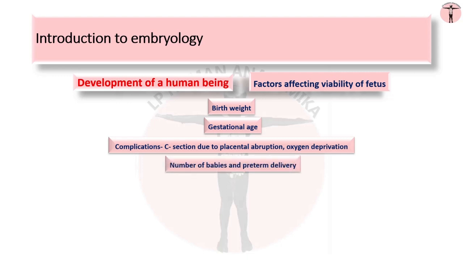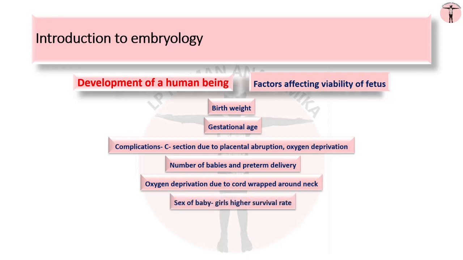Number of babies. Singleton preterm babies are more likely to be viable than multiple babies in the womb. Oxygen deprivation. Birth complications that restrict fetal breathing, such as if the cord is wrapped around the neck, can affect survival rates. Sex.